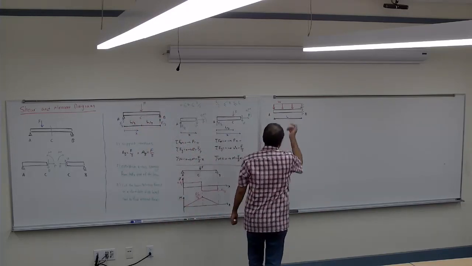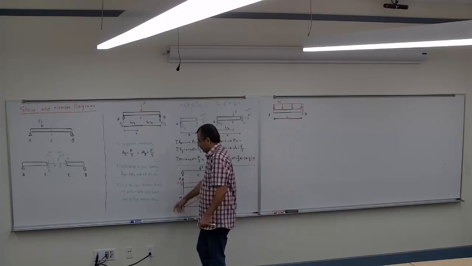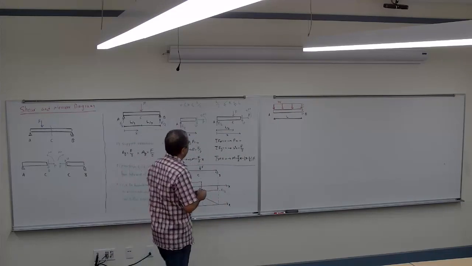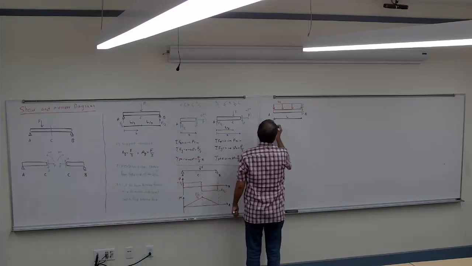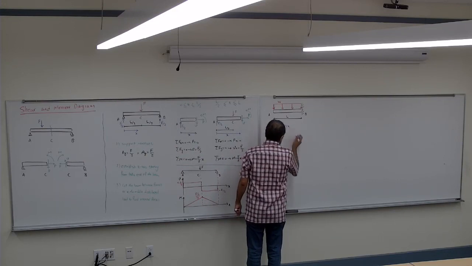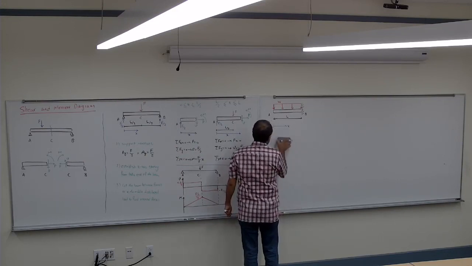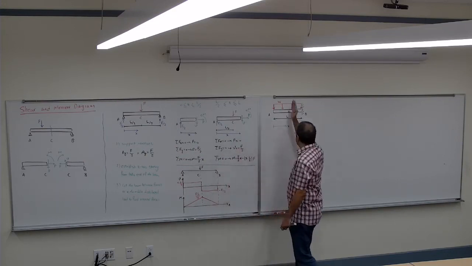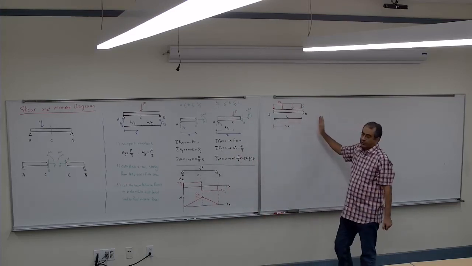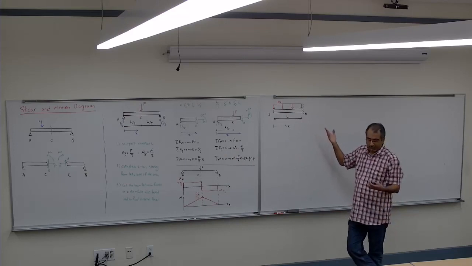Then we establish the X. Again, the X is going to be from the very left of the beam. So the 0 is always there, and the X is up to the point that we are cutting. I have only one distributed load, so I need to cut it somewhere in between.